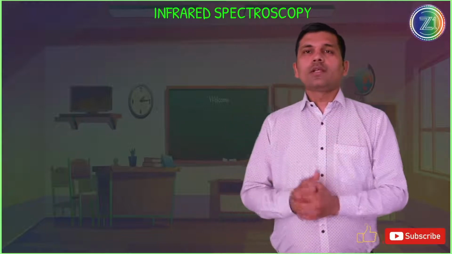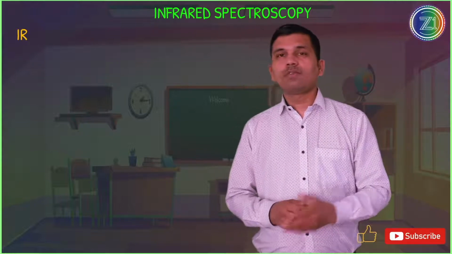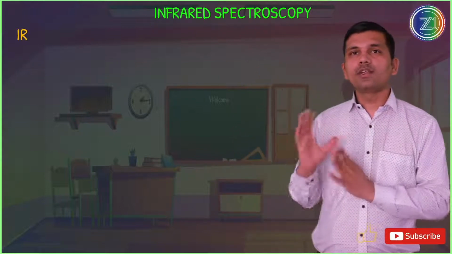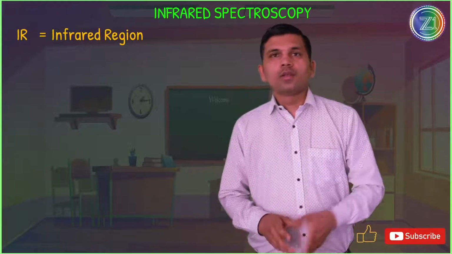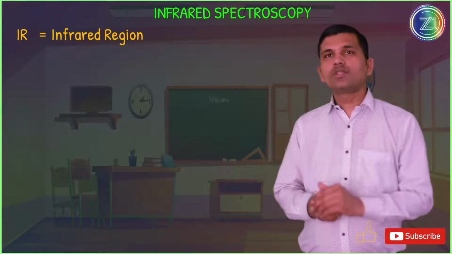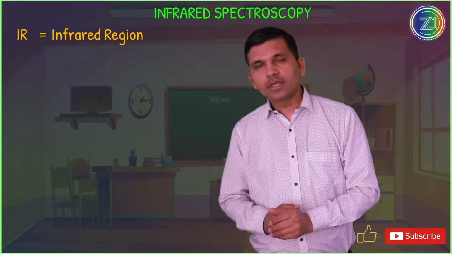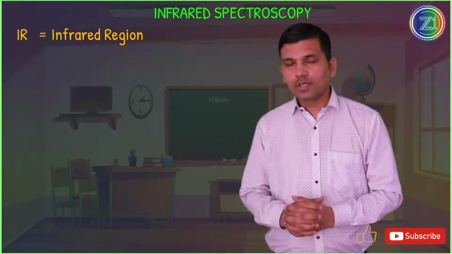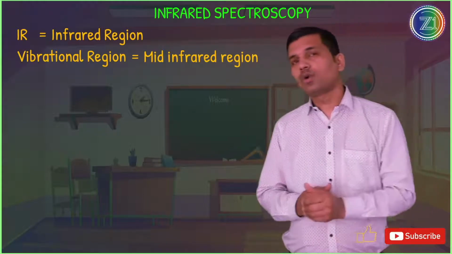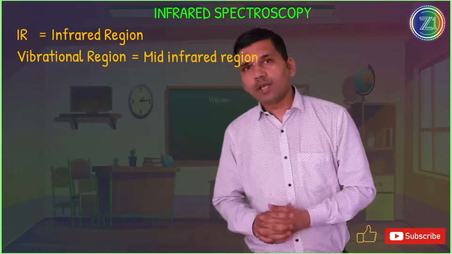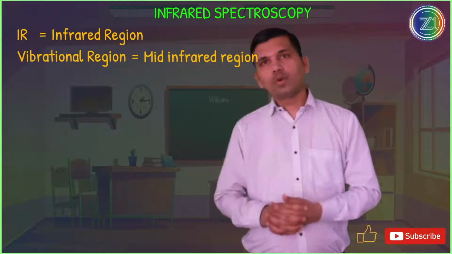IR means infrared spectroscopy, which means we are going to use the infrared region of the electromagnetic radiations or the electromagnetic spectrum. The infrared region corresponds to the vibrational part of the electromagnetic spectrum, that is, the vibrational transitions, which correspond to the stretching and bending vibrations, the stretching of bonds or the bending of the bonds.